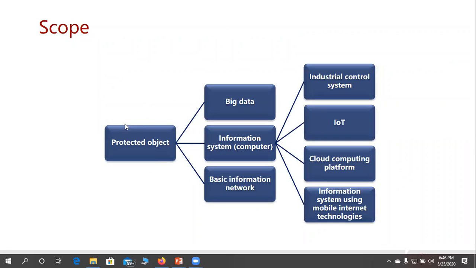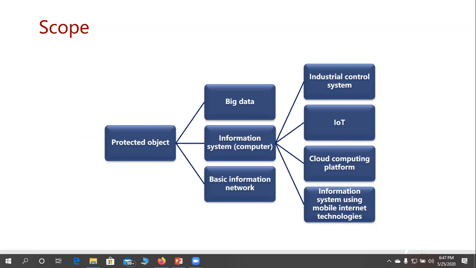The scope, protected objects. So it covers big data, information systems, basic information networks, okay? So an information system covers industrial control systems because these are also targets of hackers, Internet of Things, where now we want to join those devices which were not connected to the internet.